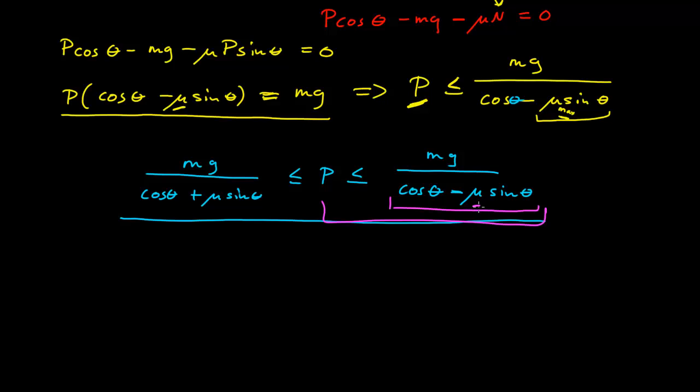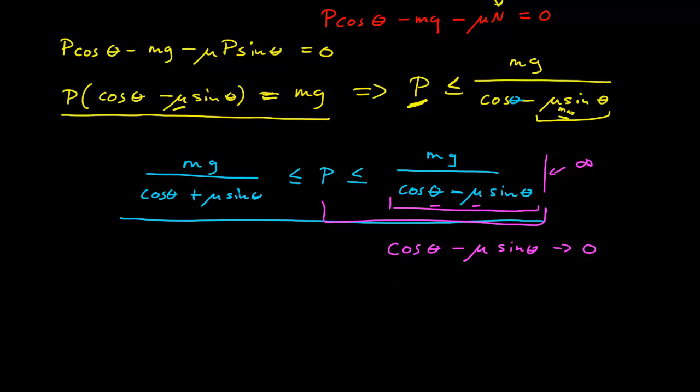Depending on what mu is and the angle, this can become arbitrarily small. So as cosine theta minus mu sine theta goes to 0, then this limit goes to infinity. So this sets the relationship.